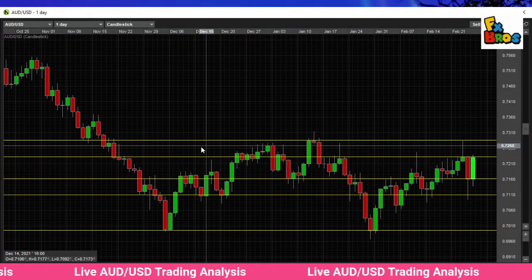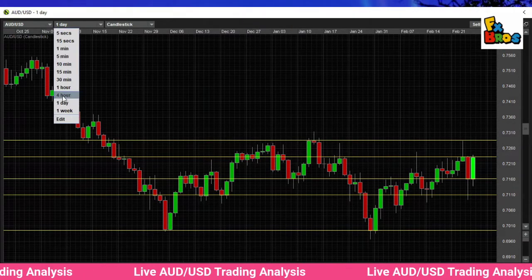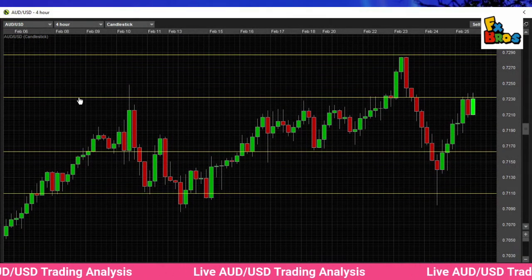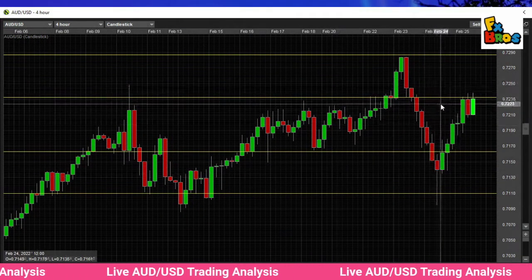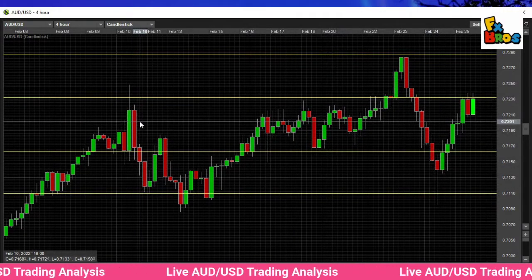So now that we got this drawn up on the daily, we go look at the 4 hour and the hourly, and that's where we would take our trades. Just see how the 4 hour is holding up, everything holding up well. Price trying to break through, but never did, never could.